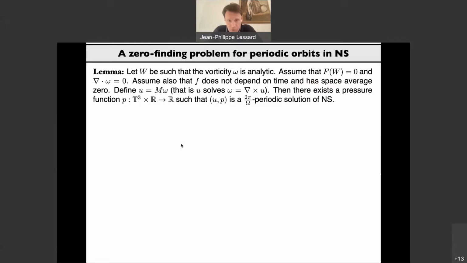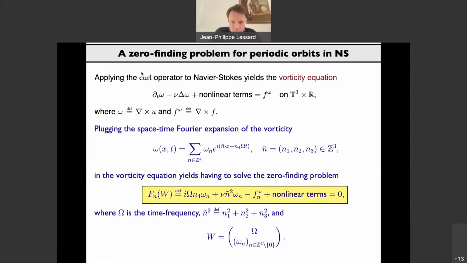Okay, and now here's a lemma that justifies our approach. So let W be such that the vorticity omega is analytic. Okay, so basically W is the set of unknowns, and once you have this set of unknowns, you can define a vorticity like this, and now we're assuming it's analytic. And it will be in our proof, because we will actually do that.